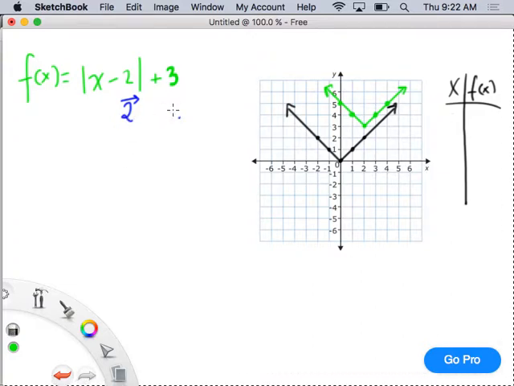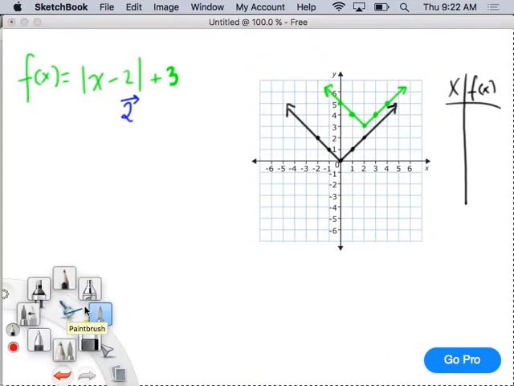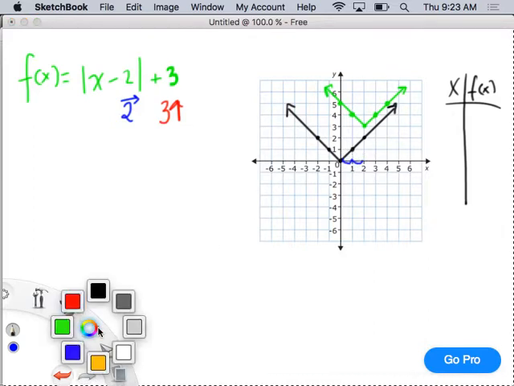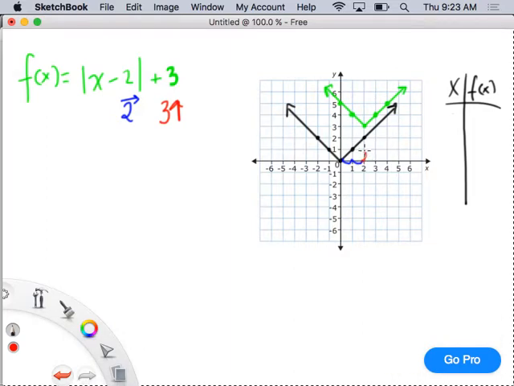And if I kind of color code this here for a second, I take my vertex, well I go 2 to the right, 1, 2, and then I go 1, 2, 3 up. You guys see that? Pretty cool, right? So we're transforming each point like that. Any questions about this? No?